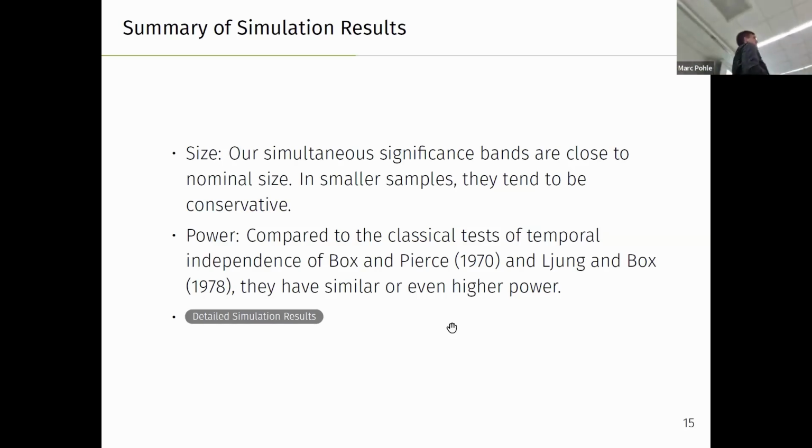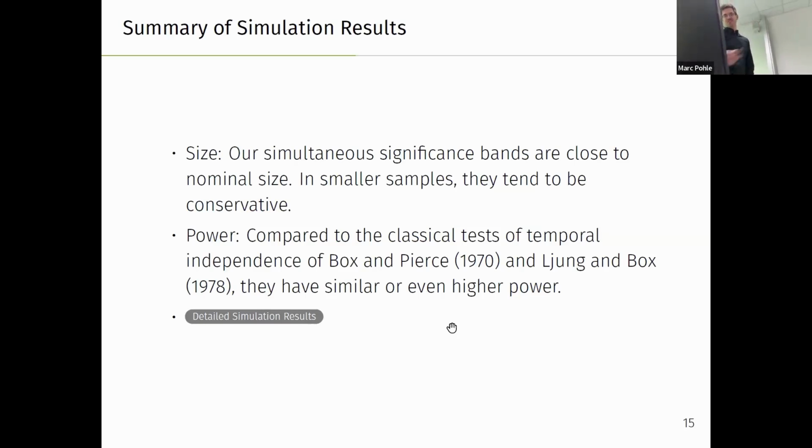Yeah, I wouldn't say in general, but for our simulations it sometimes has higher power. The sup-t bands use the sup norm, so a different form of distance, and the Box-Pierce test uses squares, so the Euclidean norm. So one can be more powerful than the other in different settings.